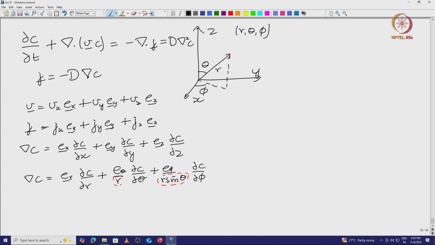And this operator, the divergence of the velocity or the flux, let us say, in a Cartesian coordinate system is equal to partial Jx by partial x plus partial Jy by partial y plus partial Jz by partial z.